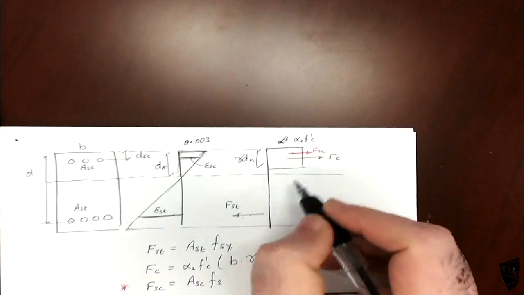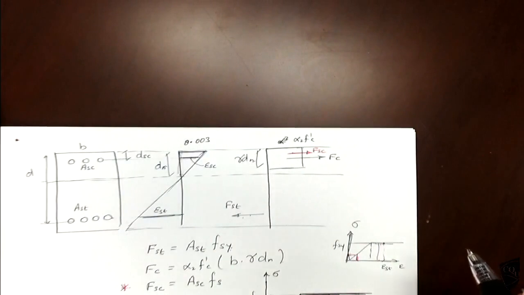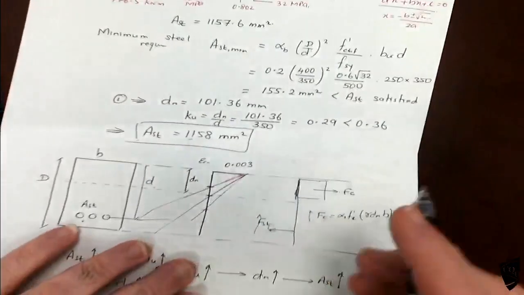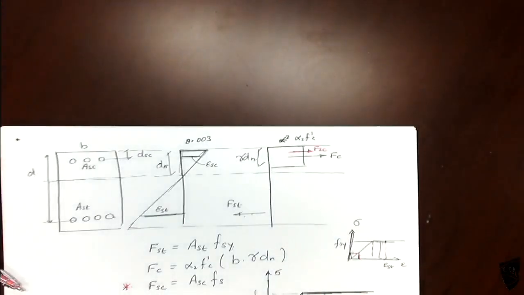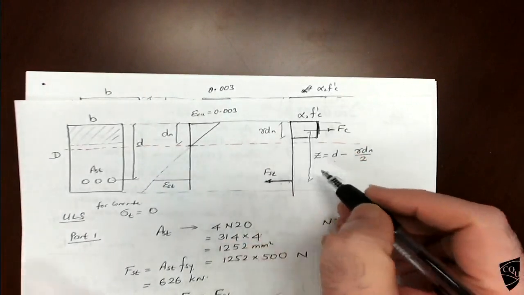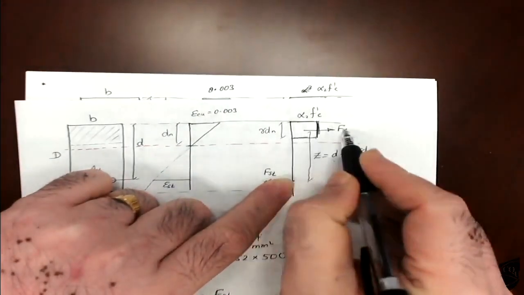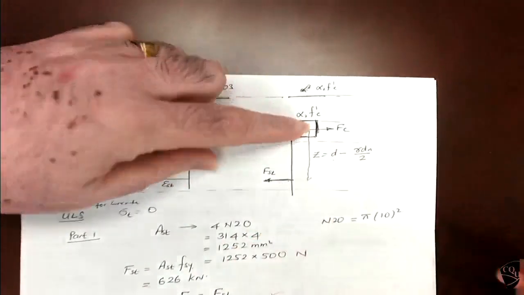Earlier we have only two forces. So the moment is equal to force times distance, because if you take the moment about this point, Fst times z, so that's easy.